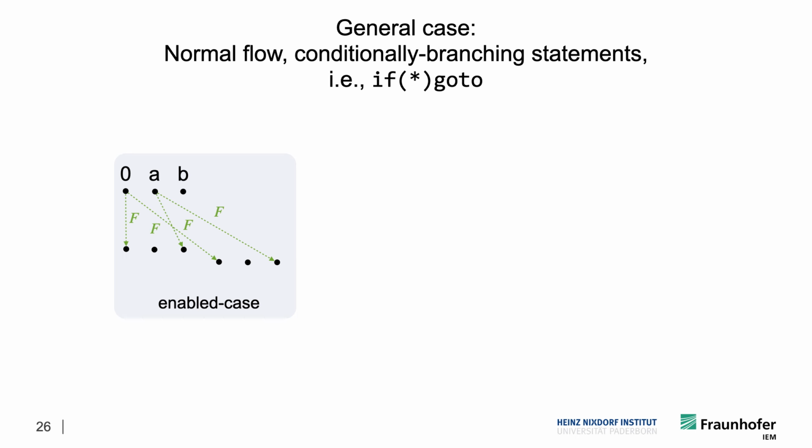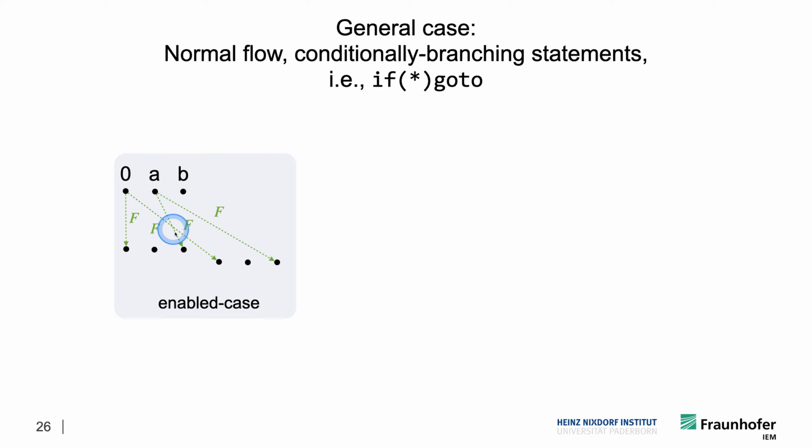Now you can also have conditional branching statements, like in Jimple, you can have an if something go to statement, right? That would be a conditional branch. And in this case, because we are not evaluating this runtime conditional, we are basically connecting these edges to both targets, right? So we are saying that the control flow could go to the branch target, but it could also go to the next statement in the program order.